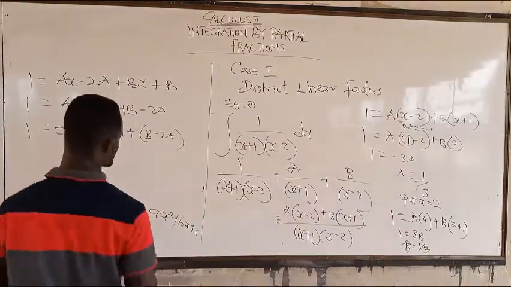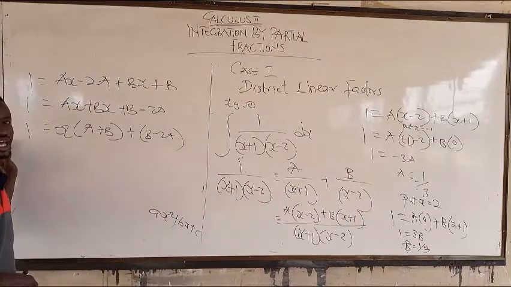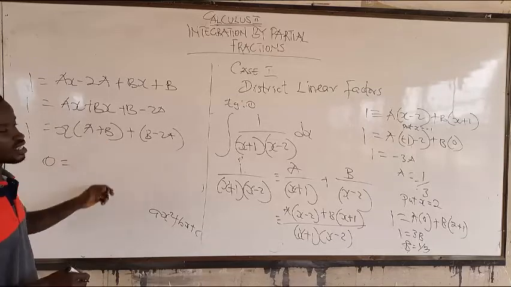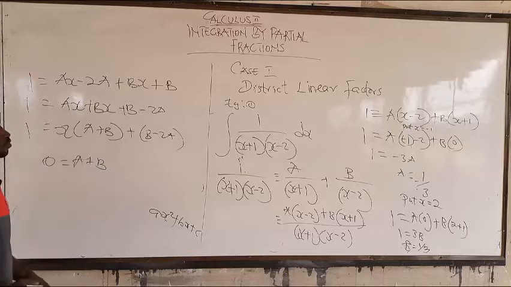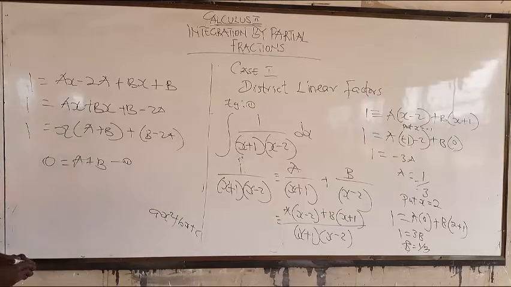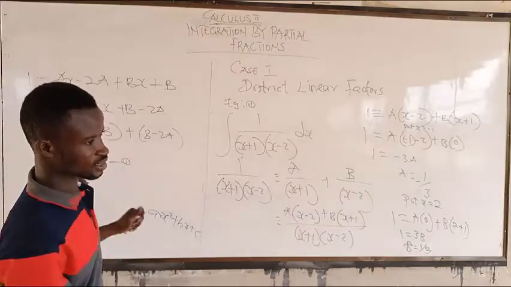Alright, well, let's come to the S. The coefficient of the S here is 0, but the coefficient of the S on the right is A plus B. Equation 1. Then you go to the constants. Constants to constants.